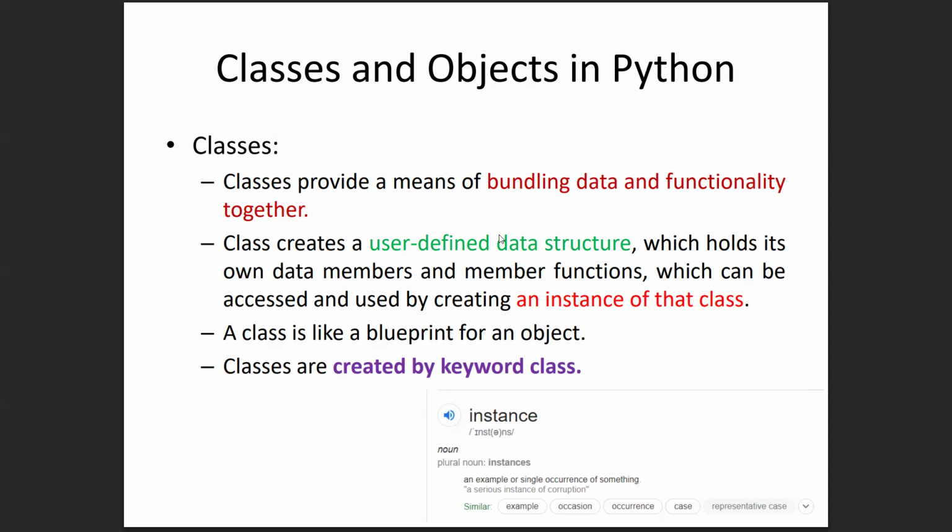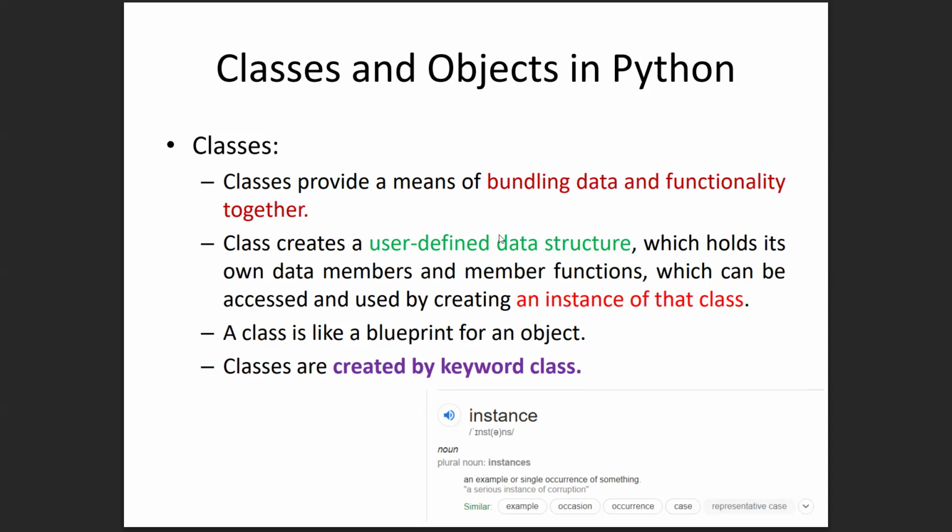Now, a class is like a blueprint for an object. For example, take a generalized example: there is a board, and if I want to clean the board, we need a duster. How will this duster be made? Some things are required in order to make the duster.